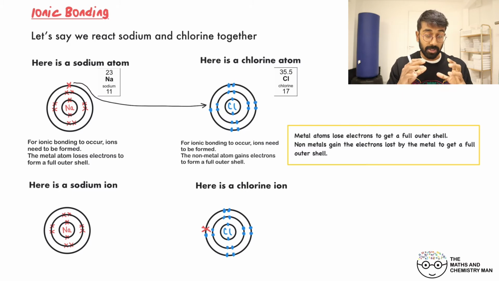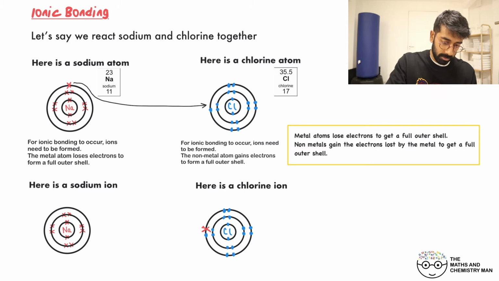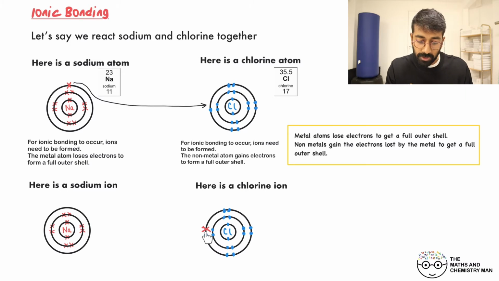A sodium ion is formed when a sodium atom loses 1 electron. On its outer shell, it's now missing that electron, and it's gone over to the chlorine. Sodium has lost 1 electron. Chlorine has gained 1 electron, okay, to form its ion.